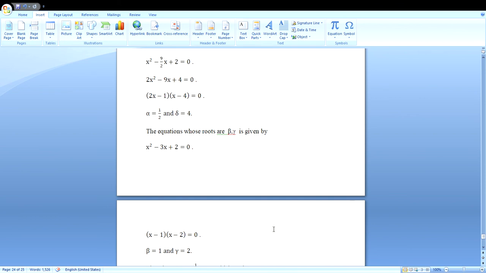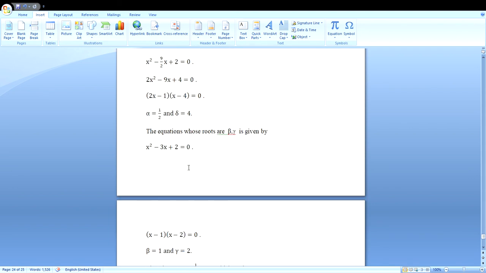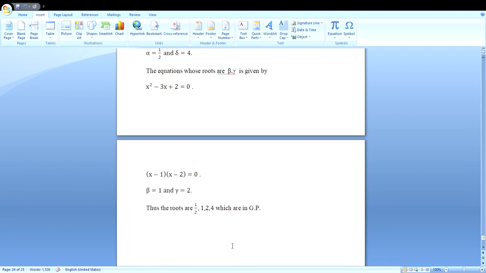Therefore, the equation is x square minus sum of the roots 3x plus 2 equal to 0. Factorizing this, we can write x minus 1 into x minus 2 equal to 0, that is beta equal to 1 and gamma equal to 2. Therefore, the roots are 1 by 2, 1, 2 and 4, which are in GP. Thank you.